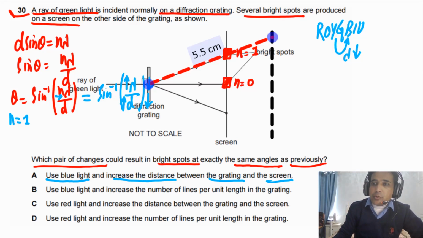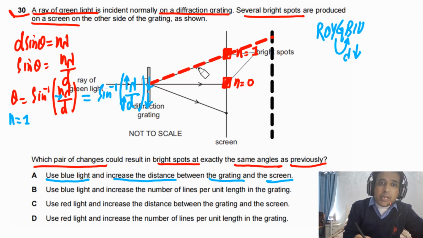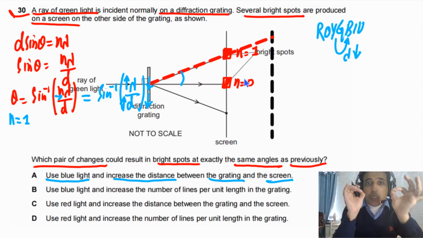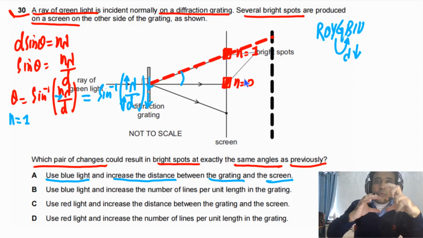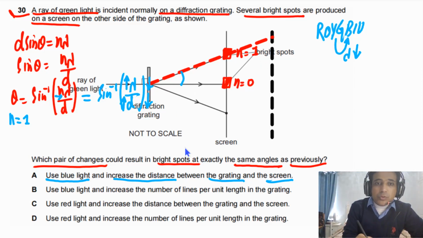So very important point we need to understand: by changing the position of the screen, the angle will not change, but the position of the bright spots will change, or we can say the distance between bright spots will increase. So the angle will not change due to this, but due to blue light, because lambda is shorter, theta will go down. So this is not the possible answer.